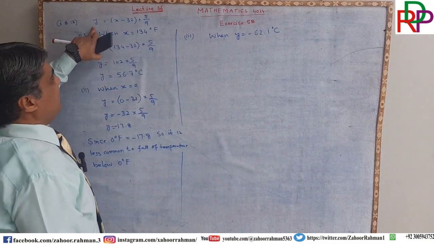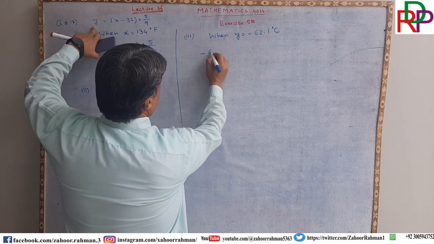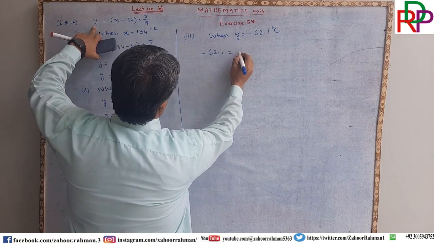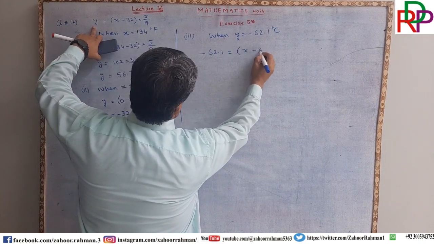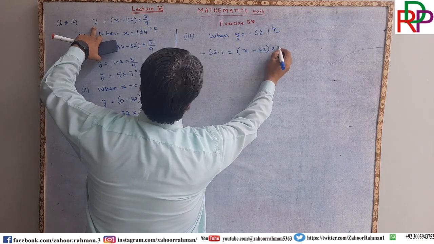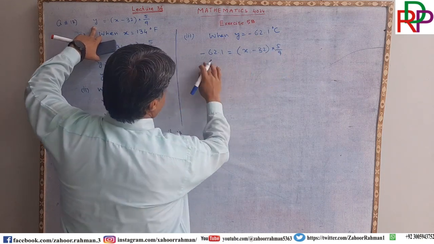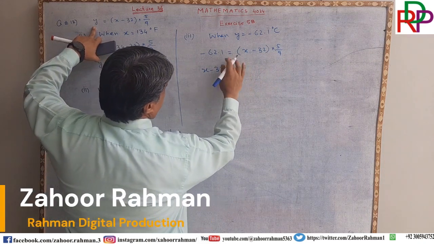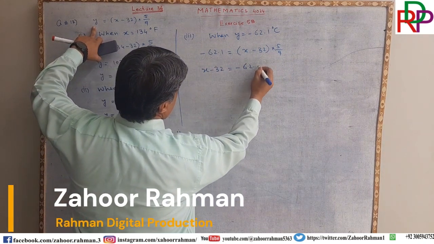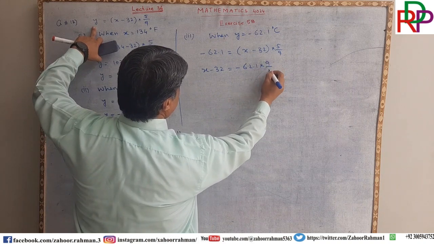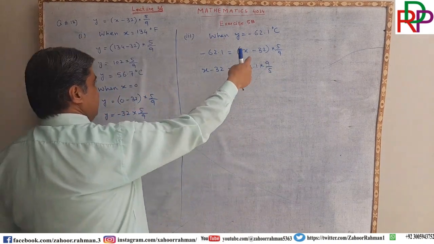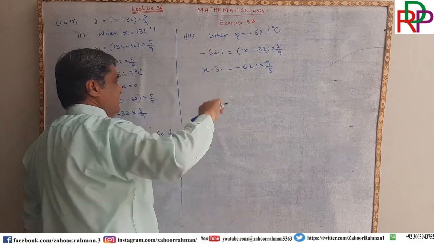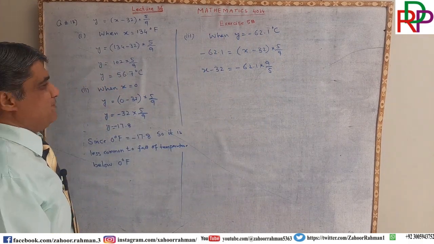So here we have to put minus 62.1 is equal to x minus 32 into 5 over 9. First I am shifting this to this side, and then minus 62.1 divided by 5 over 9, because when this is coming to this side, we will have to take the reciprocal of this.